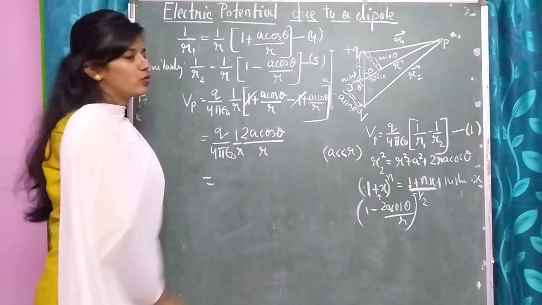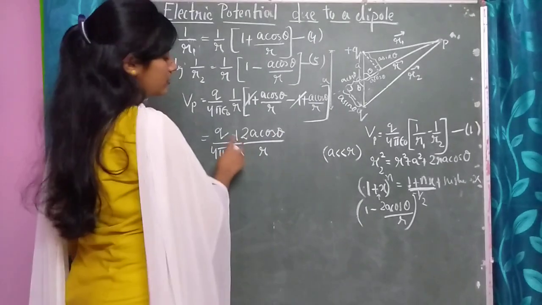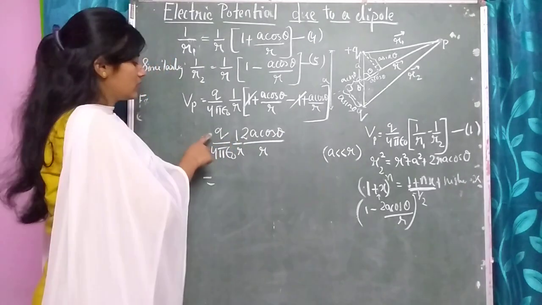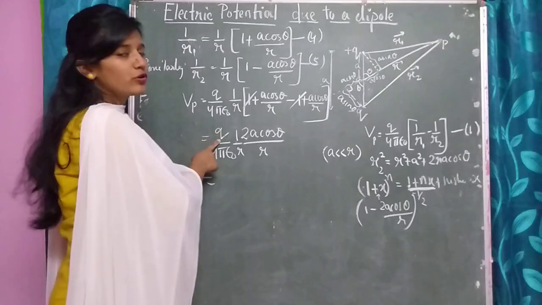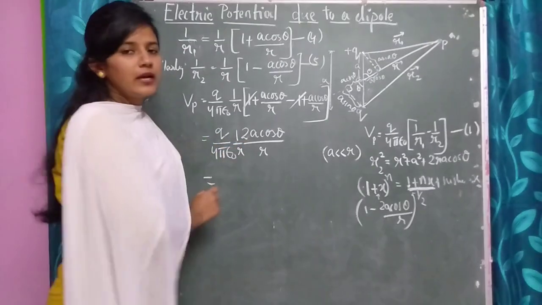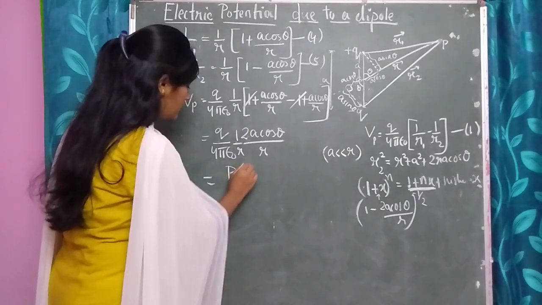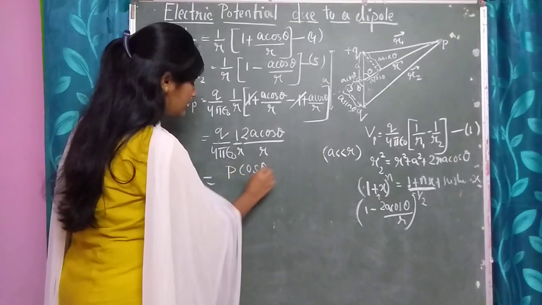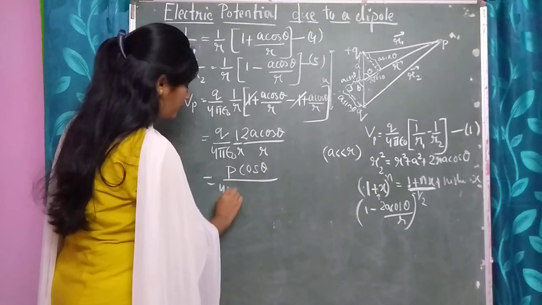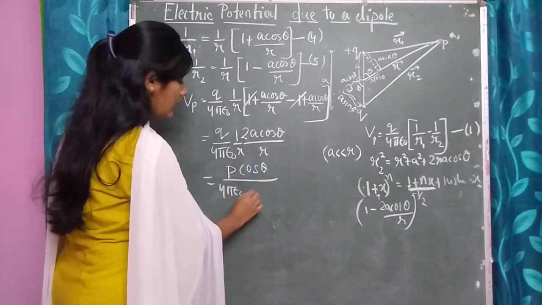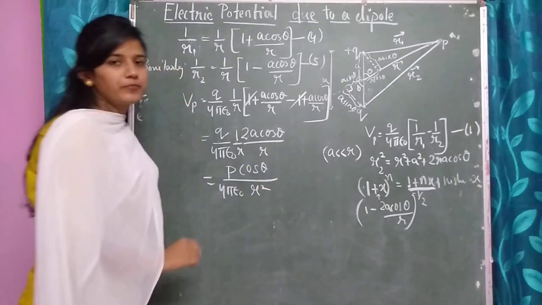We know that the dipole moment is the magnitude of charge into the dipole length. So Q into 2a is p, and V equals p cos theta by 4 pi epsilon naught R square.